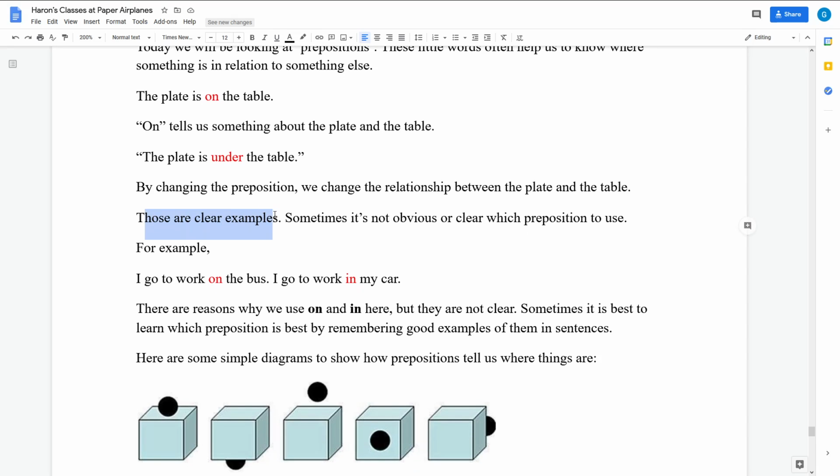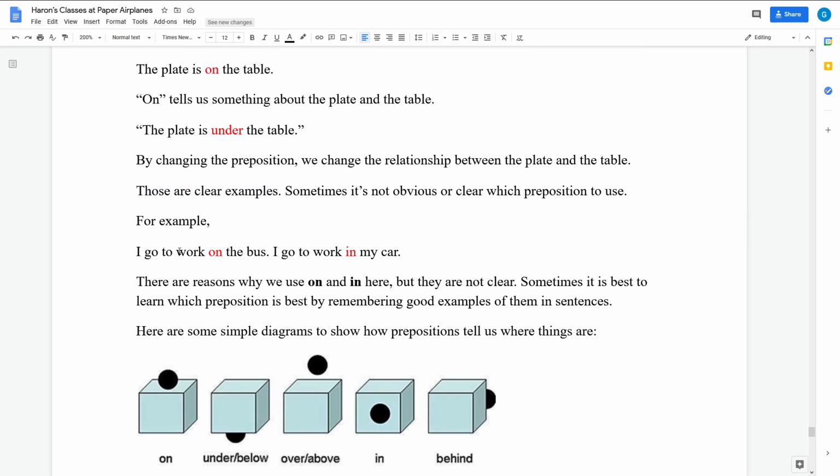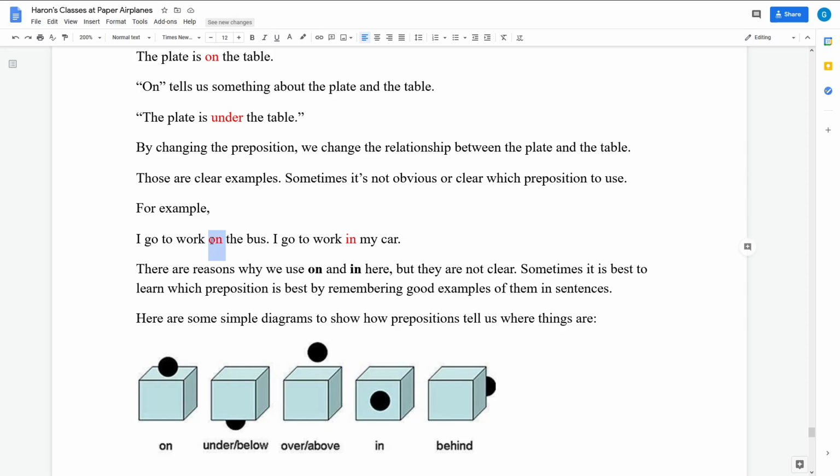Those are clear examples. On and under are very clear. Sometimes it's not obvious or clear which preposition to use. For example, I go to work on the bus. I go to work in my car. A bus and a car are very similar. Why is one in and one on?